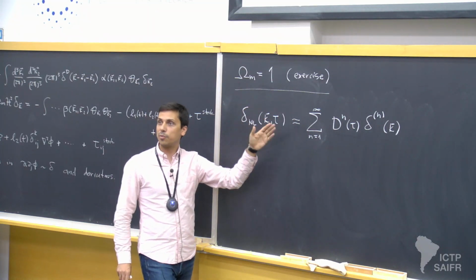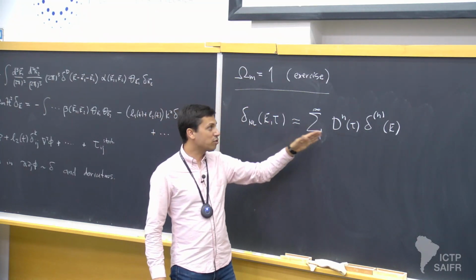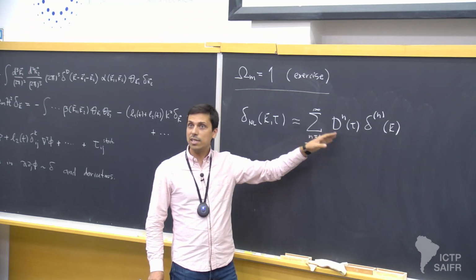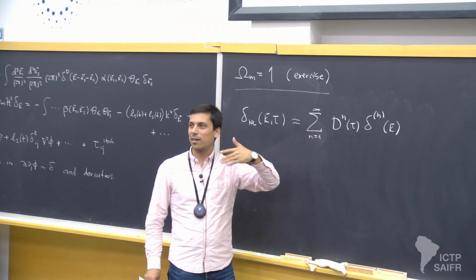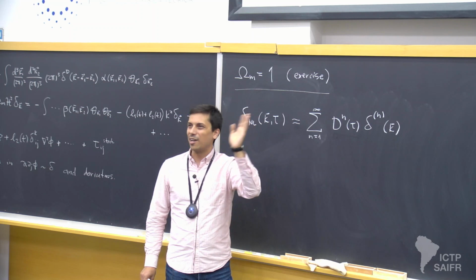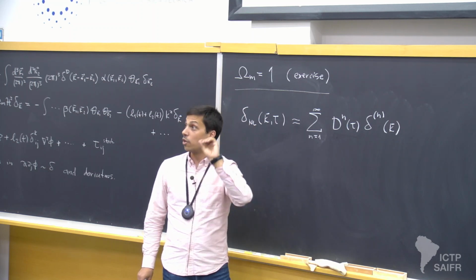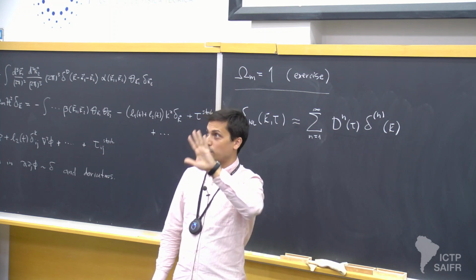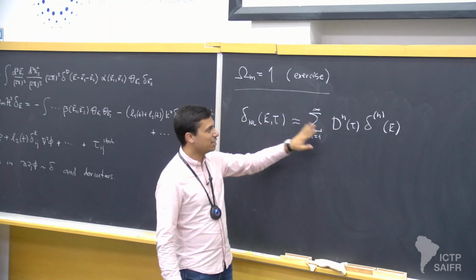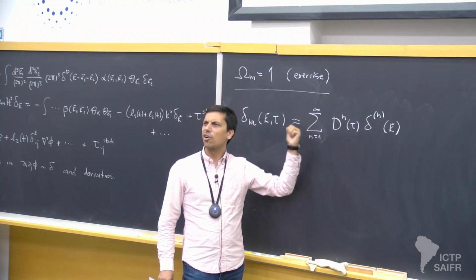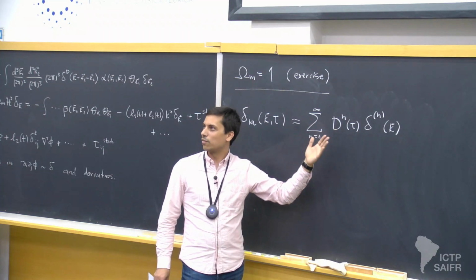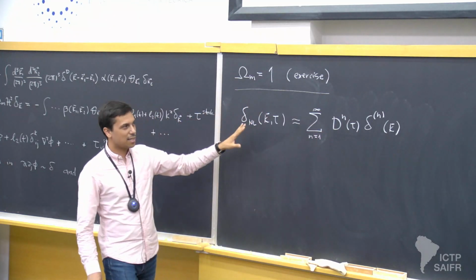But to a very good approximation, it is true also in any lambda CDM. So if you use this as a solution, you're going to make 0.1% error. And nobody really worries about 0.1%, at least at the moment. So if you're worried about 0.1% for whatever reason, you have to remember that this is not the exact formula. You can go back and do a bit more complicated version of it. But for simplicity, let's say that this is good enough for us.